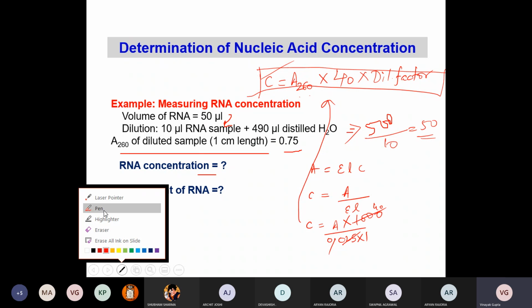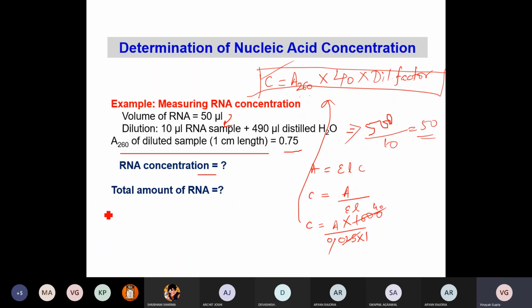Some spectrophotometers need a minimum of 500 microliter sample. Some require at least 100 microliter sample. That means we cannot use our entire 50 microliter there, because in this particular question the spectrophotometer requires 500 microliter of the sample. So we cannot dilute our sample entirely. What we are doing is just taking a little bit, 10 microliter, mixing with 490 and making it 500.